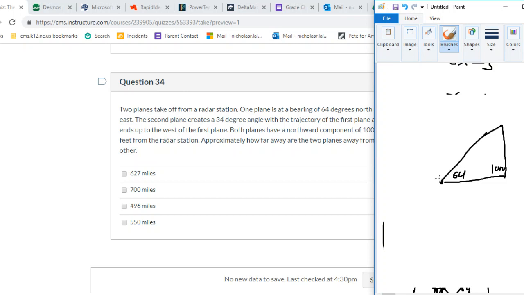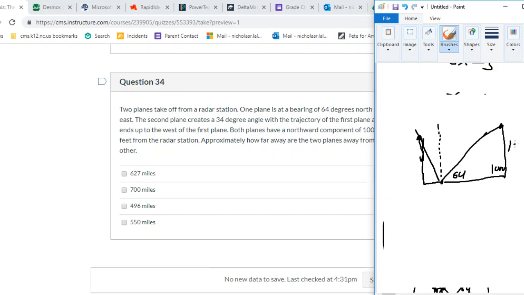At the same time, you have a 96-degree angle that also has a height of 1000.